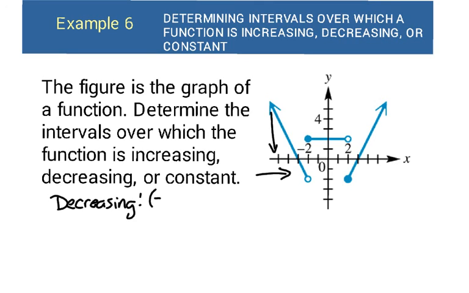from negative infinity. We state the domain in which it's increasing, decreasing, or constant, to the point of -2. And 2 is not included in this interval because of this little open circle we have here. So we put a parentheses. And then the next portion of the graph is constant because the y values do not change.